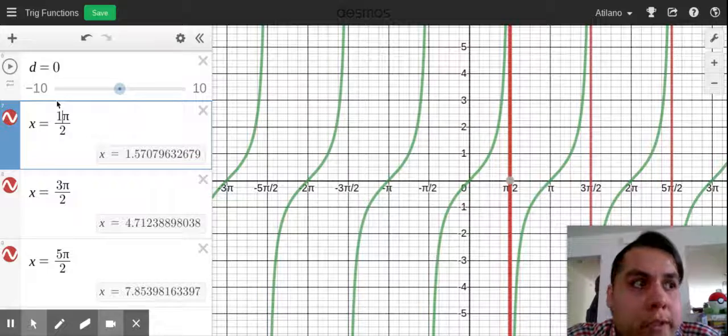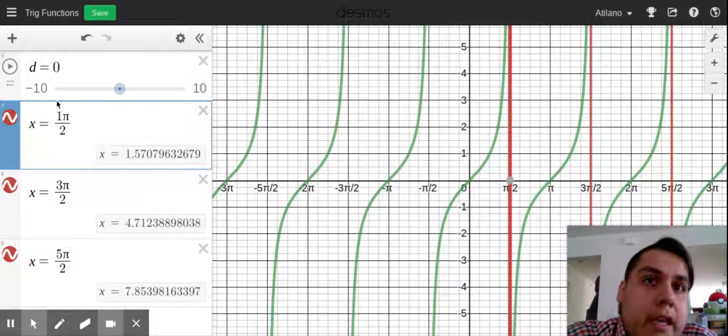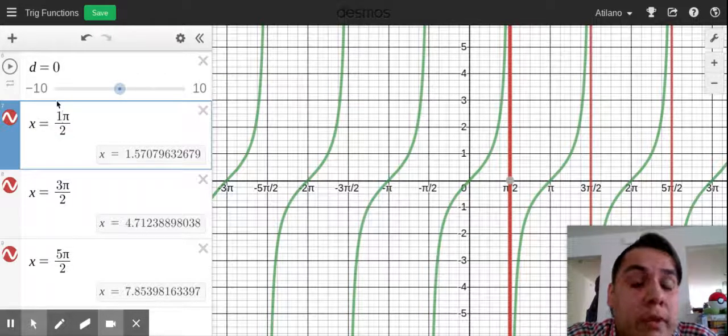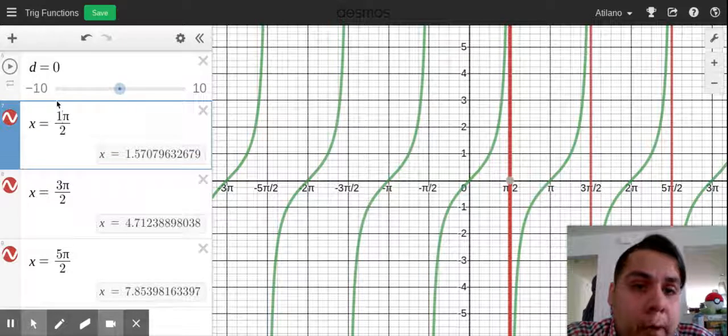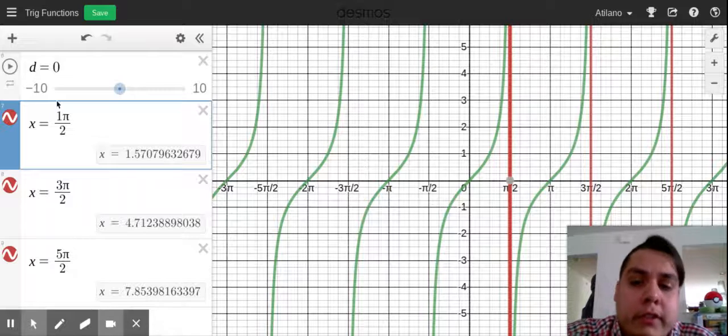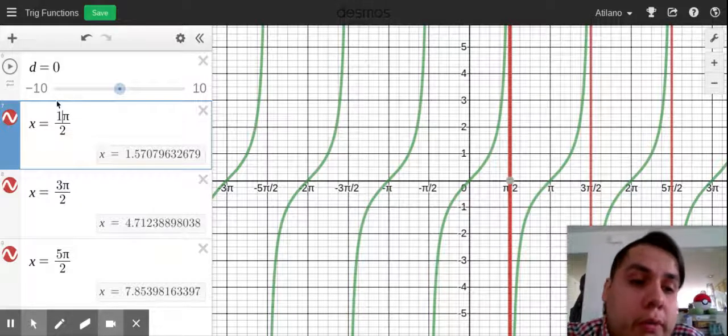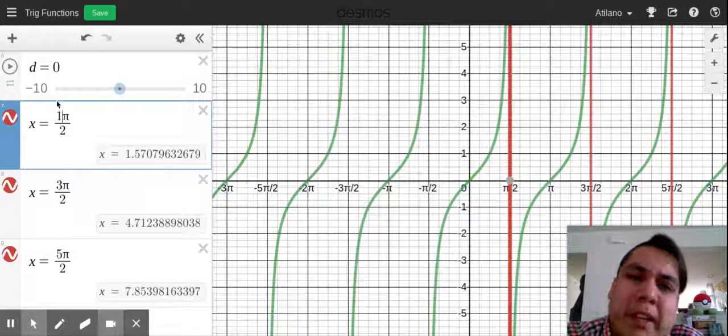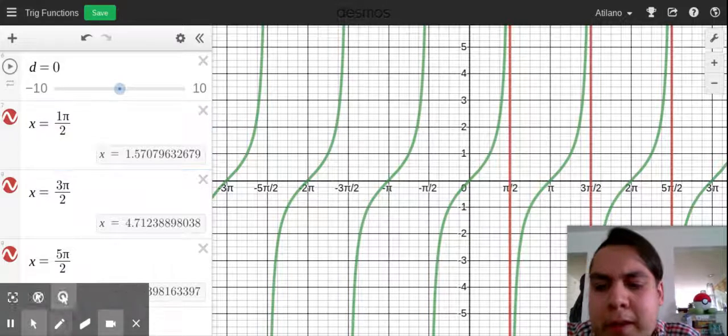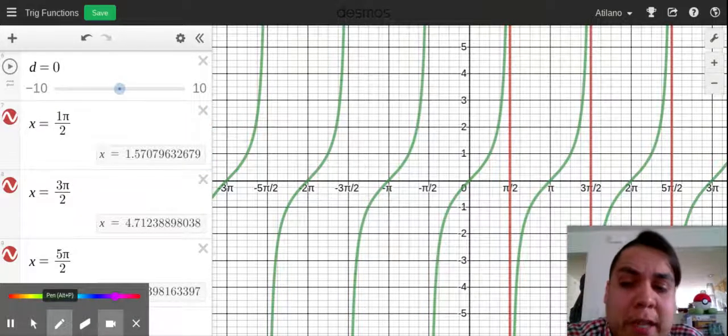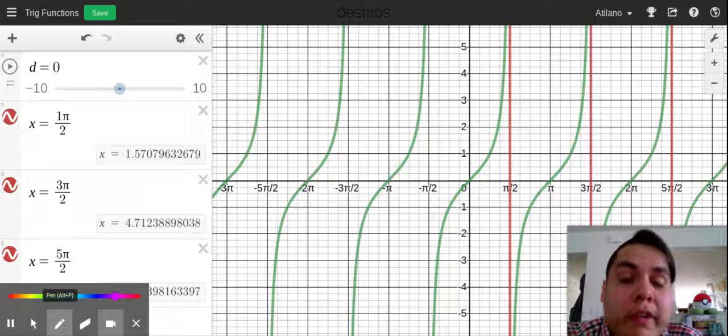And so I would say that as long as I have an odd integer in my numerator, as long as it has an odd number pi divided by 2, I would expect a vertical asymptote for my tangent function. So here's how I have to express my domain then, because this graph is just going to keep doing the same thing over and over and over again for all eternity.